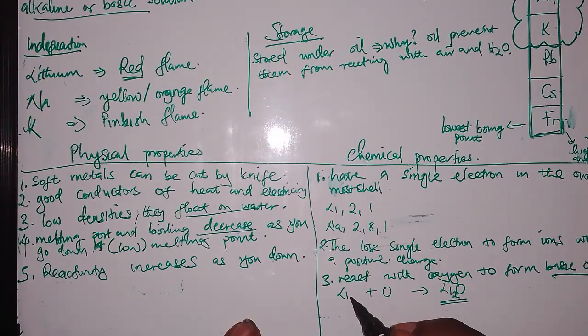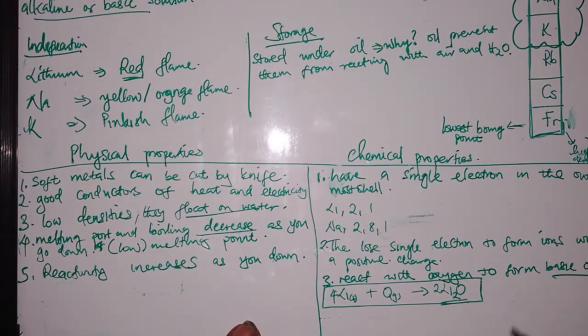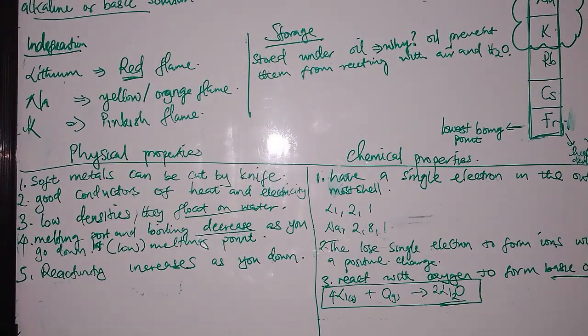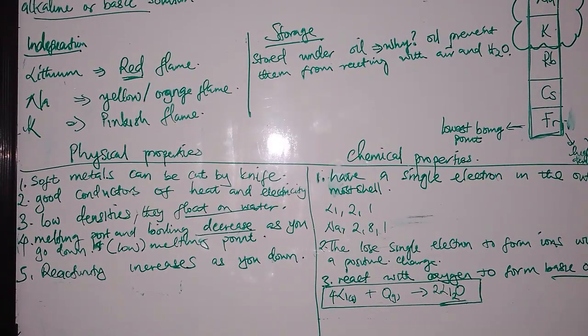This is solid, this is gas. Then when they react, they form lithium oxide, which you can balance like this. Remember, every element in group 1 will form this kind of equation. Sometimes they ask you to write an equation which is formed if this and this react.